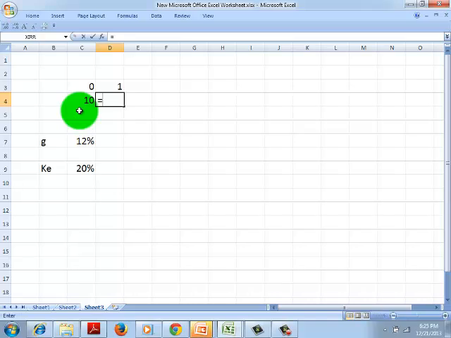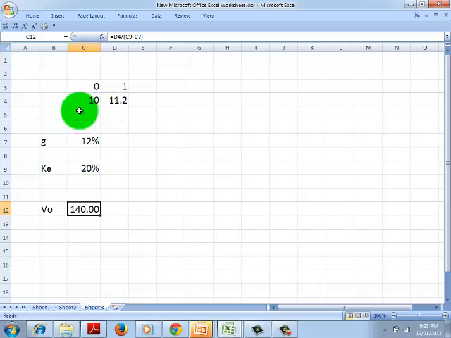Dividend of time 1 would be 10 into 1 plus 12%. That will give you 11.2. Once you have this 11.2, you can calculate value of the stock by saying dividend of time 1 divided by 20 minus 8. This minus this, it will give you 140.